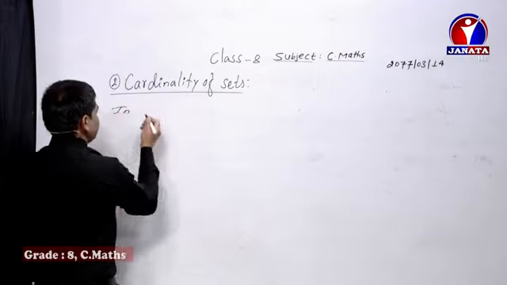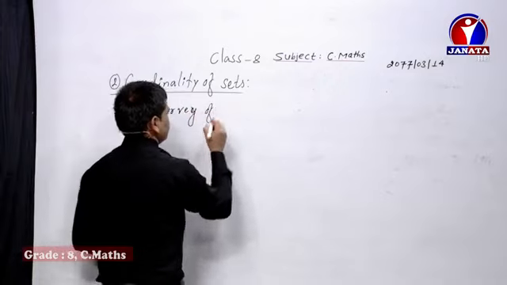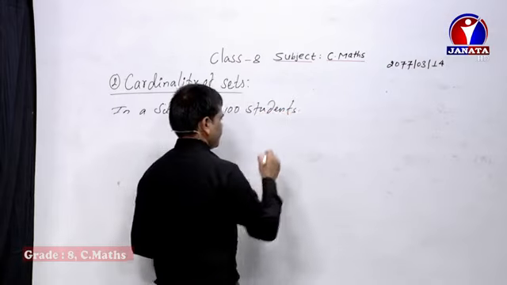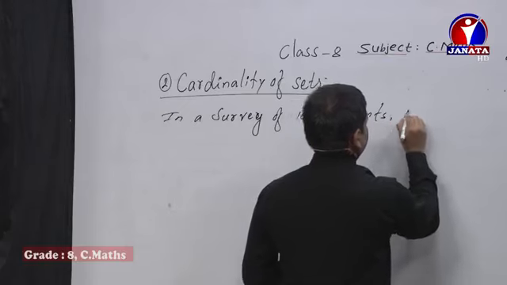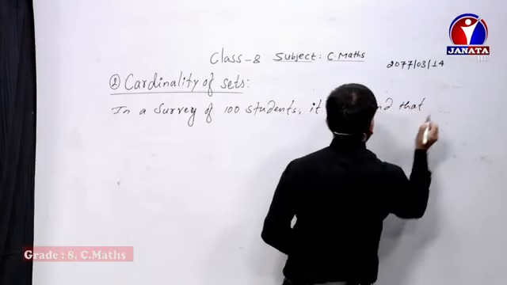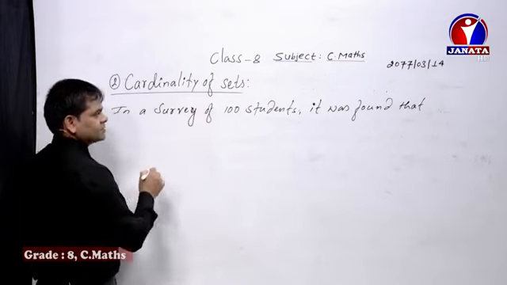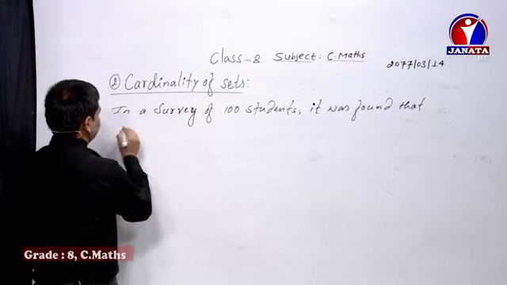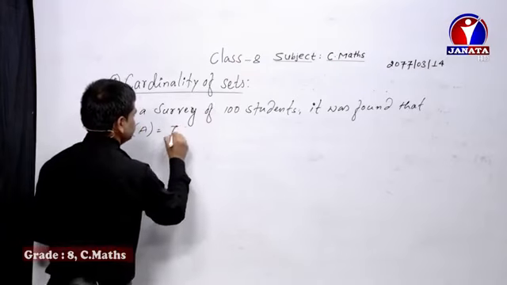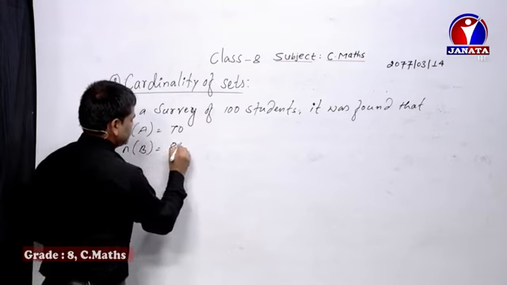I'm going to write a question. In a survey of 100 students, it was found that, directly I am going to write, rather than writing the language, so that time won't be wasted: the number of students who like apple is 70. The number of students who like banana, I'm going to list as 80.